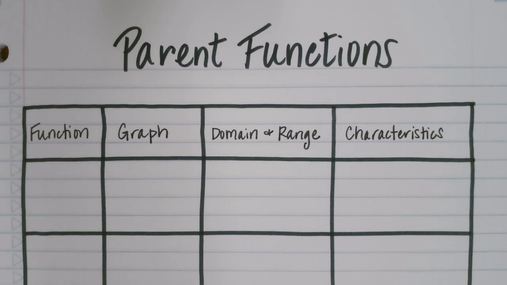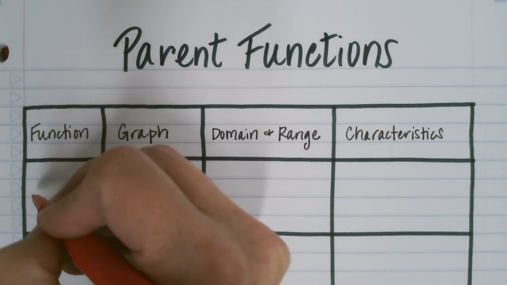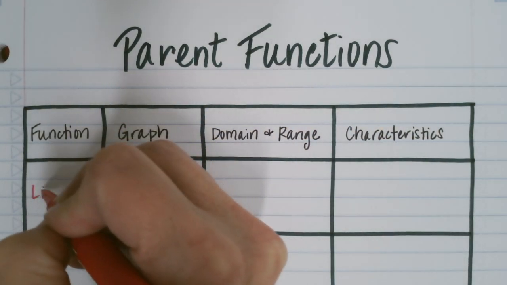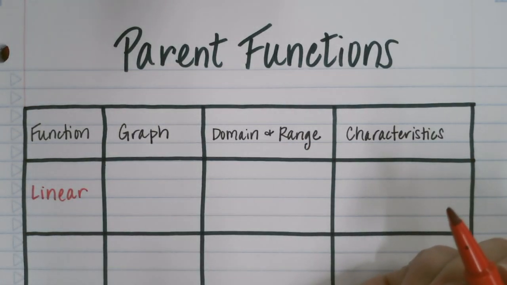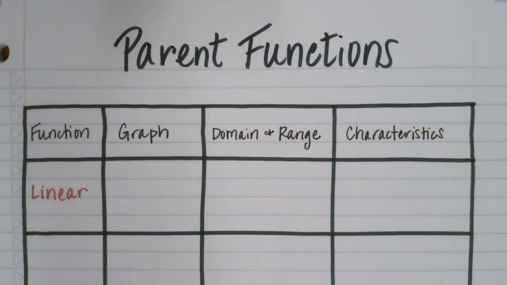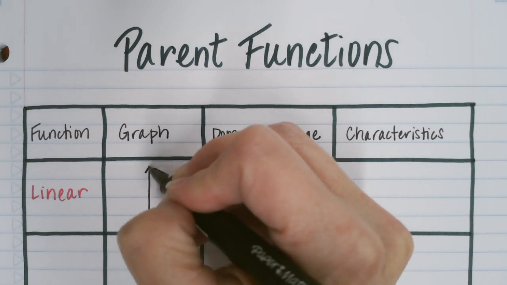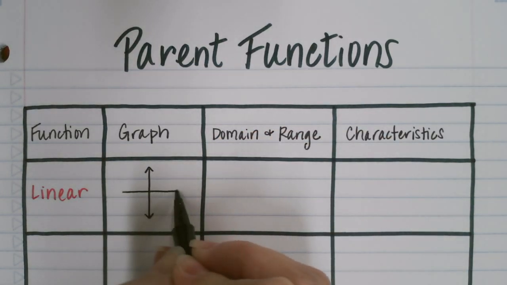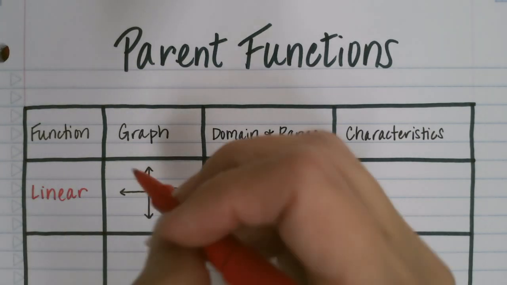Alright, the first function, and this is not a new one, you've been talking about this before, but I want to start with linear functions. And we know already that a linear function is going to make a line on the graph. So a graph of a linear function is any non-vertical straight line.